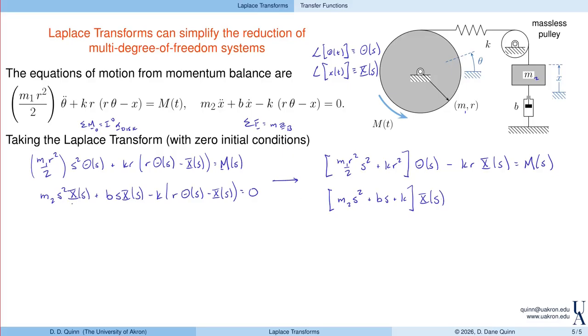So I've just pulled together all the terms that depend on x, and then we have the theta term, k r theta of s, equal to 0.